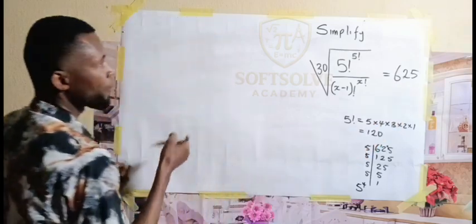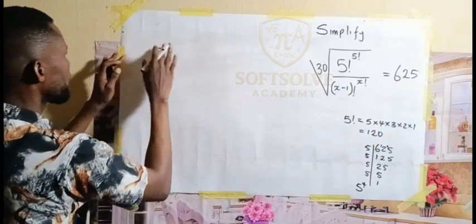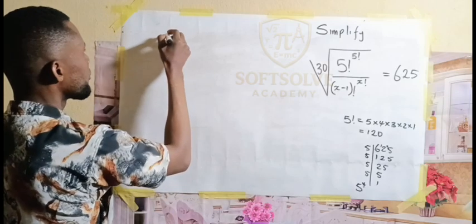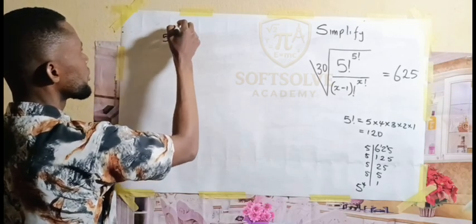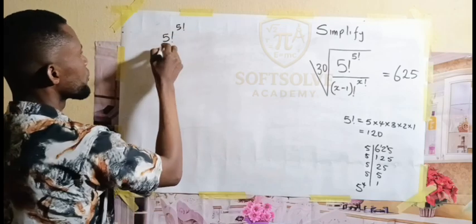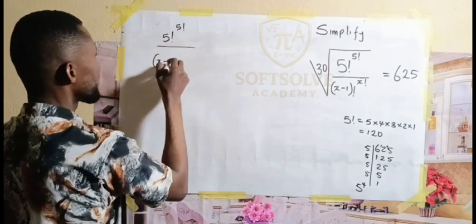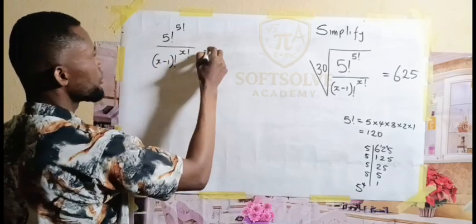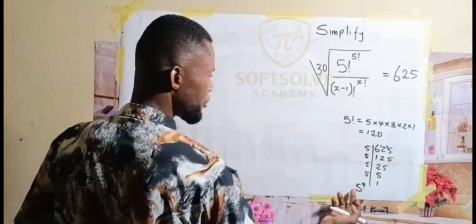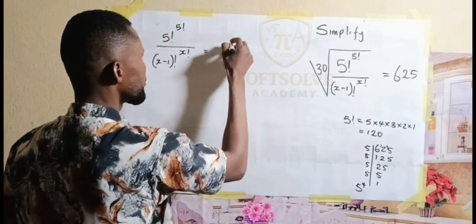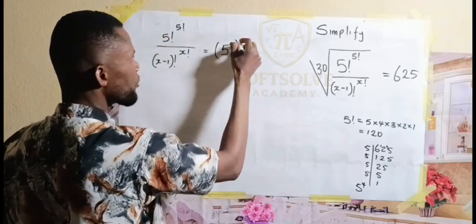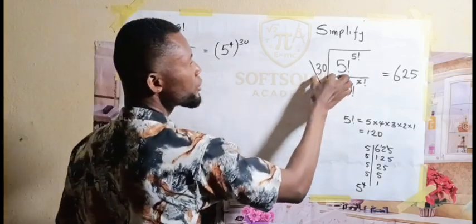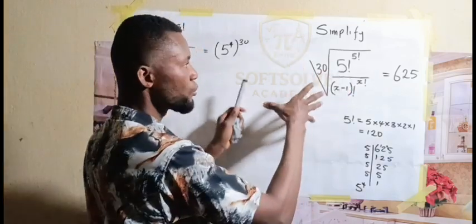So we have 5 factorial raised to the power of 5 factorial all over x minus 1 factorial raised to the power of x factorial, equal to 5 to the power of 4, raised to the power of 30. As you can see, we have opened this big house, this 30th root.